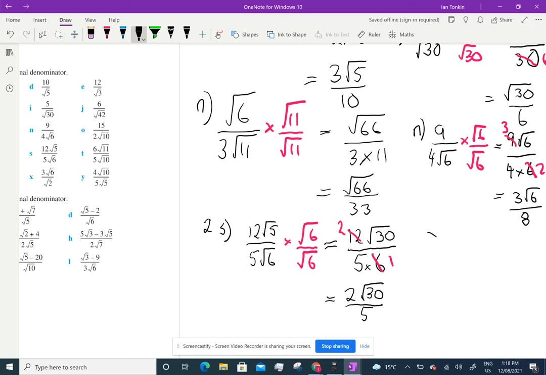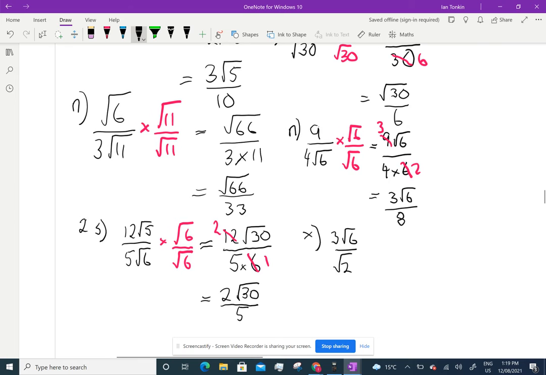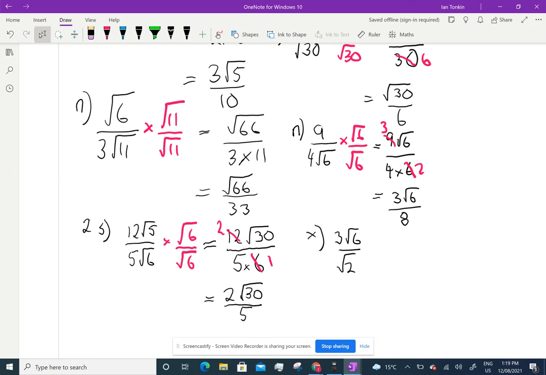Final one, 3 root 6 on root 2. Now, you can't forget what you learnt previously when multiplying and dividing.